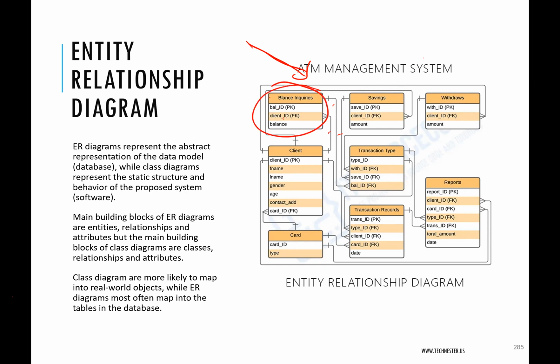So if you create a table for savings, it will create a box for savings. If you put field names, okay, it's the savings table, there's a column for save ID, there's a column for client ID, it will be representing exactly like this inside one part of Access, right?